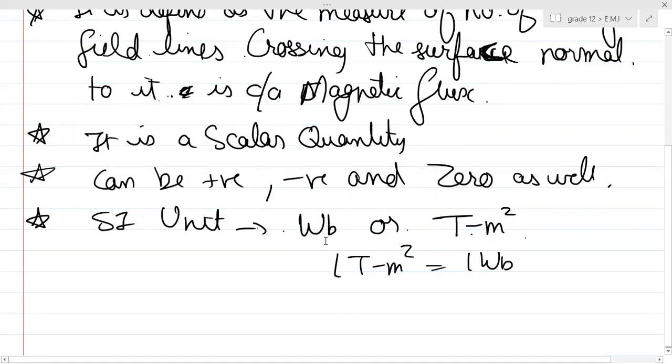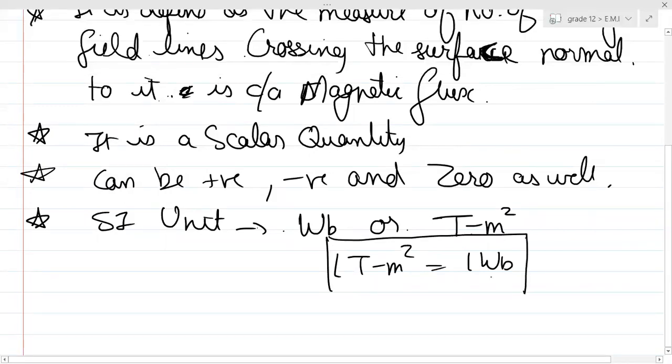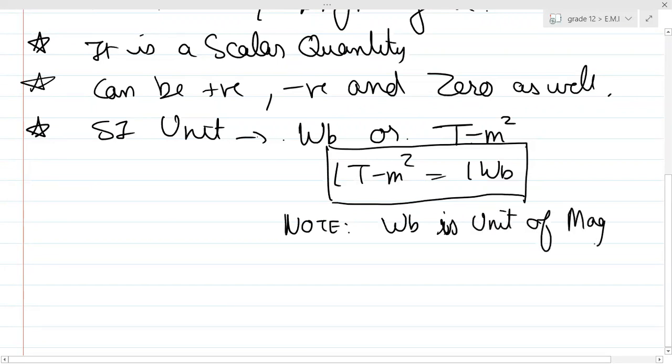What was the unit of electric flux? Is there anyone who will tell me? There was a question in which I got confused once. Note, Weber is the unit of magnetic flux, not electric flux.